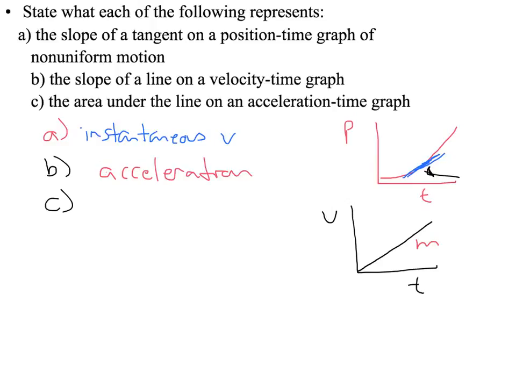C. The area under the line on an acceleration time graph. Acceleration time. The area underneath here is going to represent the change in velocity.